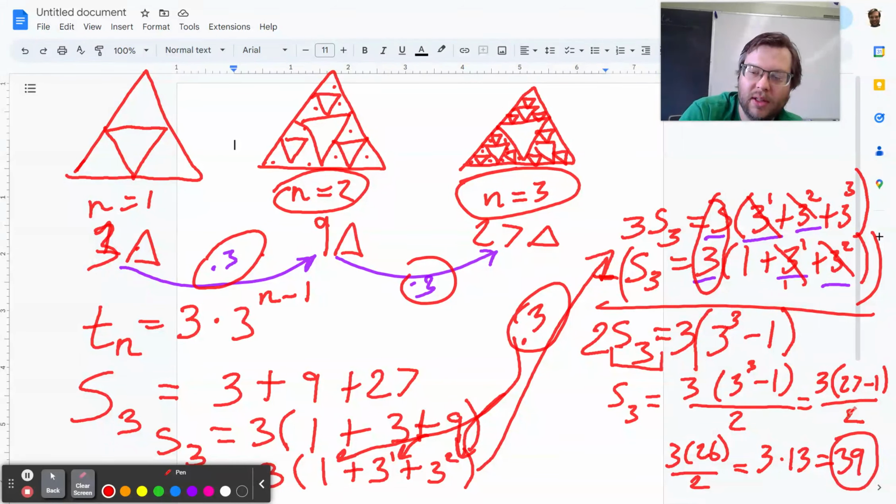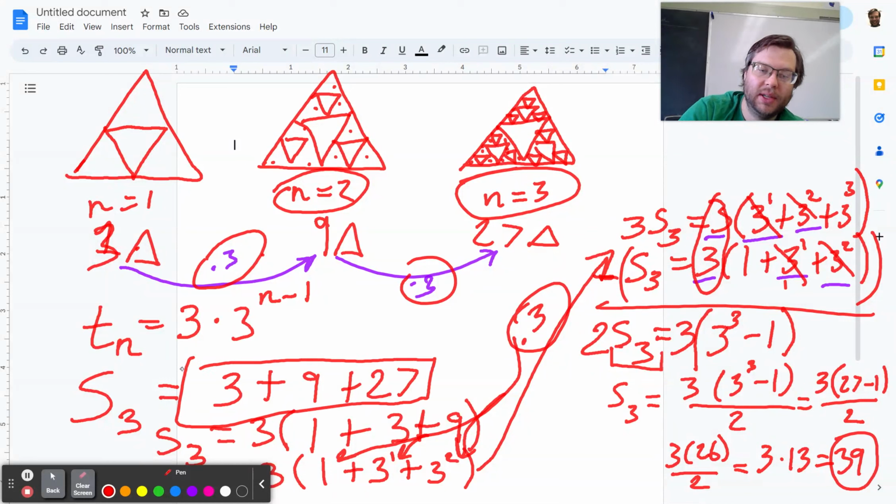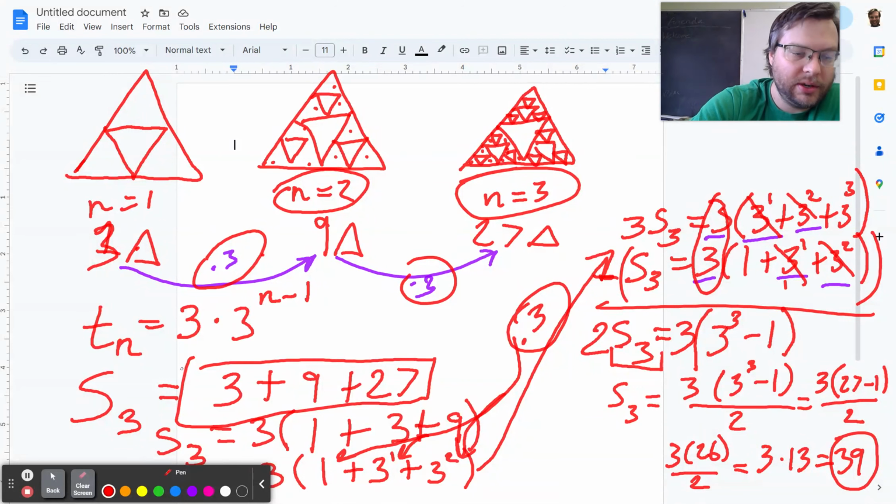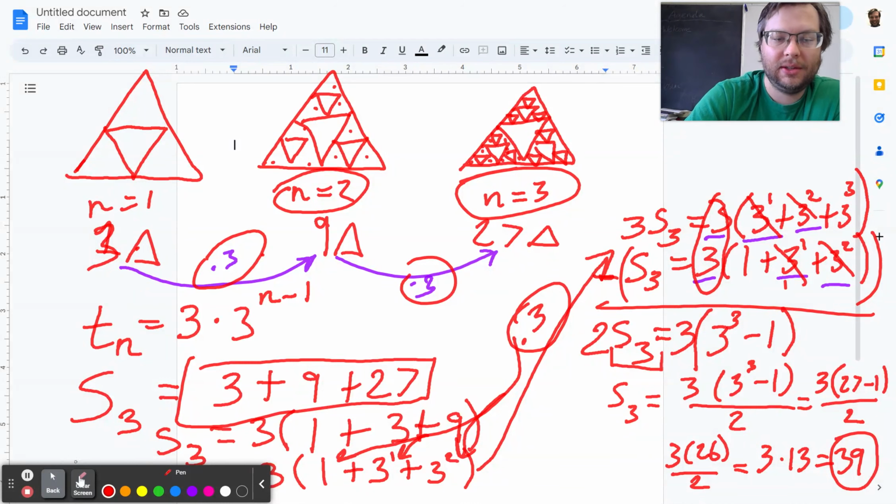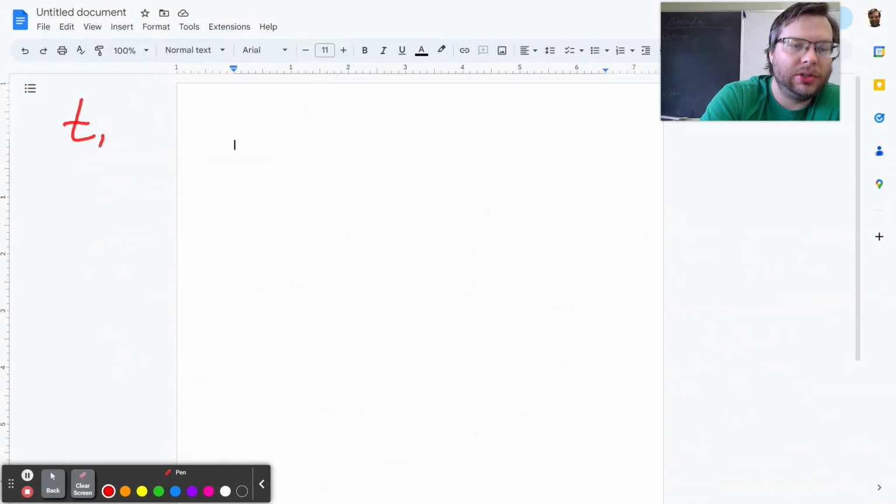Now you might be wondering, that is a whole heck of a lot harder than just adding up 3 plus 9 plus 27. But what I'm going to do now is show you that this exact same idea works no matter how many terms I want to have. So I had terms that looked like this, 3 times 3 to the n minus 1.